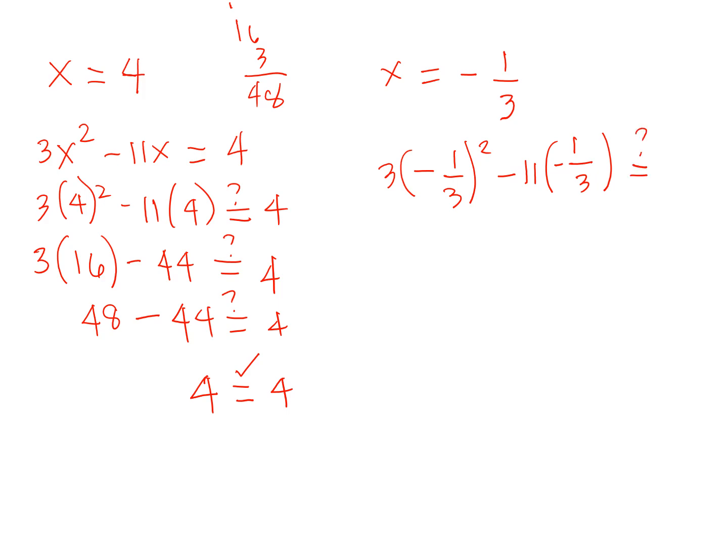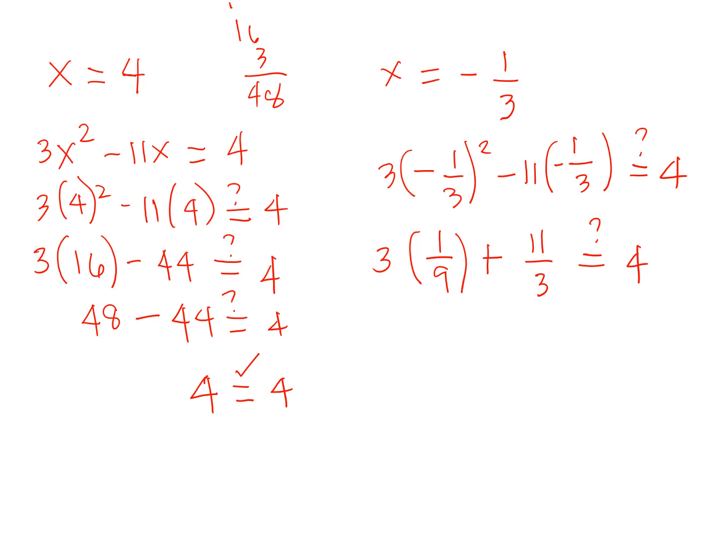Is it equal to 4? So we have negative 1/3 times negative 1/3. So that is positive 1 over 9. Then negative 11 times negative 1/3, that is positive 11 thirds. So is this equal to 4?